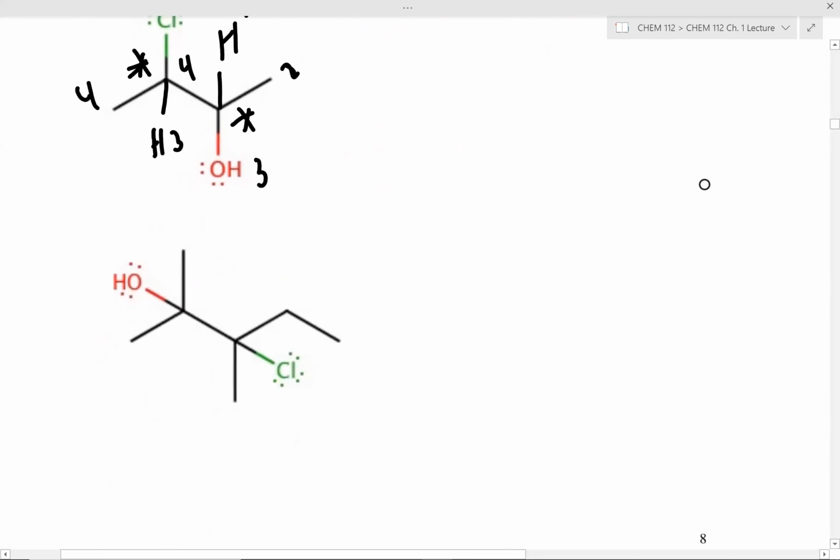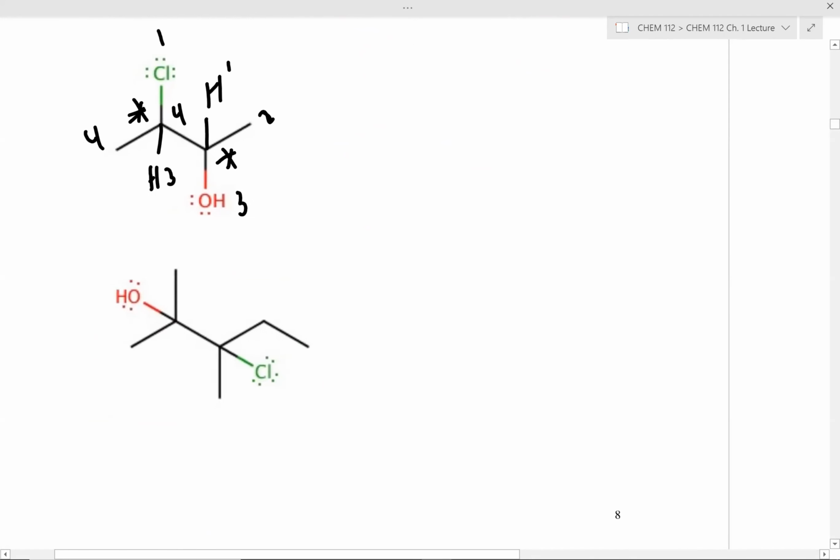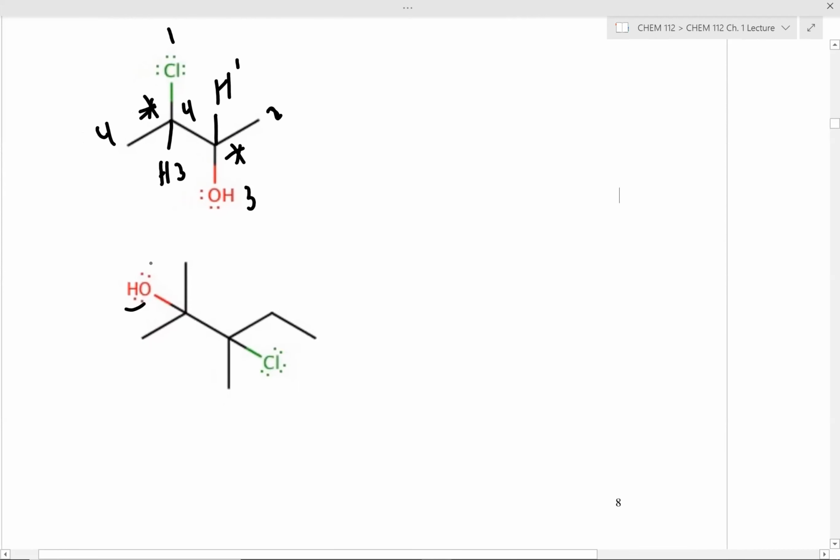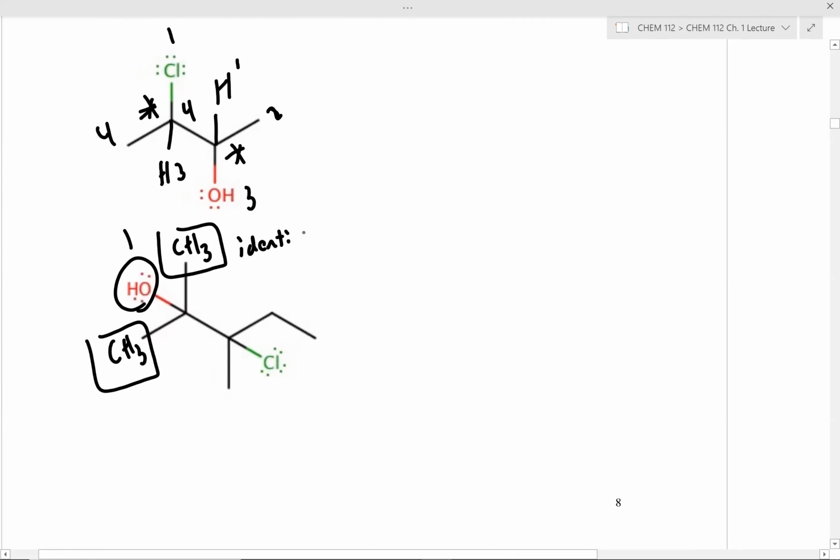So starting off, looking at this alcohol carbon. We have an OH, that's 1 unique substituent. We have a methyl, and then we have another methyl. So because we have 2 identical substituents, this center is not a chiral center.